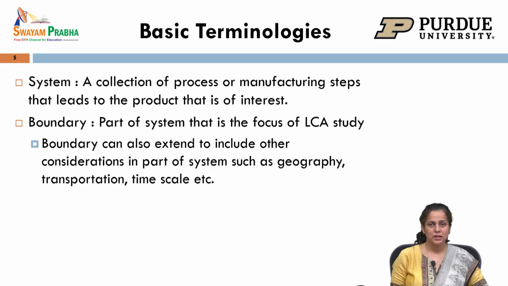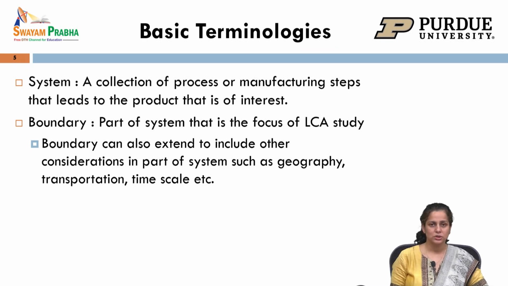Boundary technically can also extend into other considerations. For example, it can be a geographical boundary as well. Sometimes your manufacturing is very distributed, and if you think about supply chains, a lot of these supply chains are distributed. So, you might be manufacturing one part of the whole system component in North India, but you might be manufacturing the next part in South India.